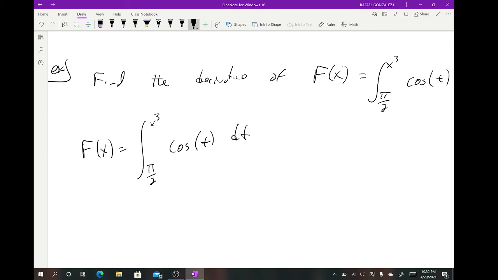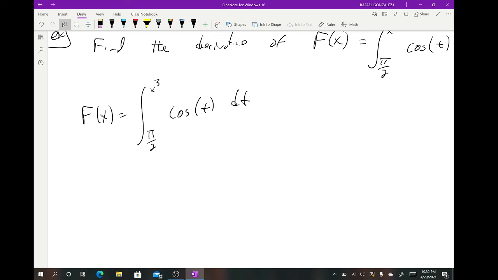If we take the derivative of this, notice that we have an x cubed here. Before we had an x to the first. So let's try to use a substitution for x cubed. Let u be x cubed. That means that du is going to be equal to 3x squared dx. This is going to become useful in a second.